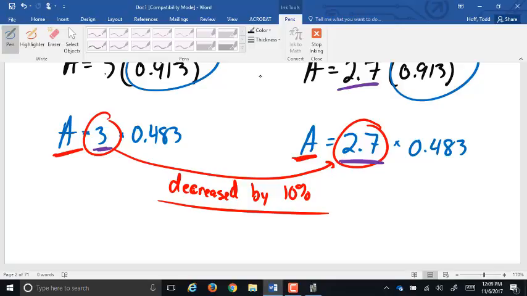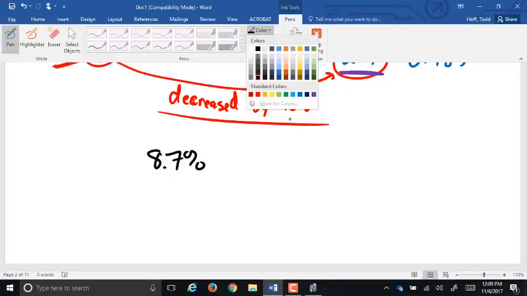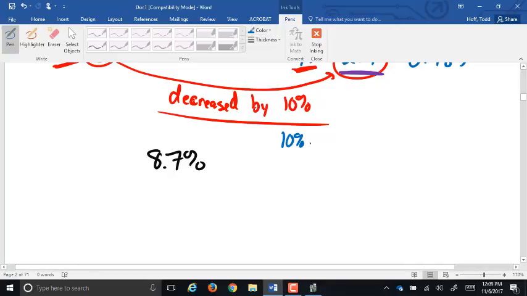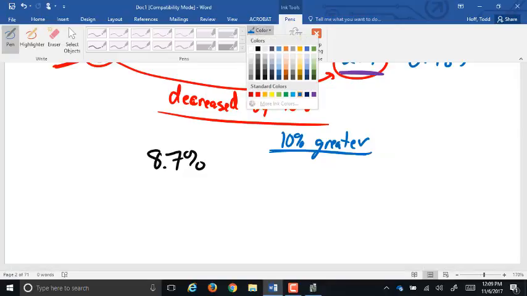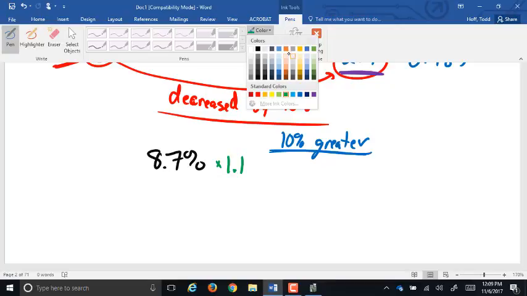Well, the next one's a little different because the actual rate of decline is 10% greater than 8.7%. Now we're not changing the starting amount, we're changing the rate of change. To increase something by 10%, we multiply by 1.1. Where does 1.1 come from?